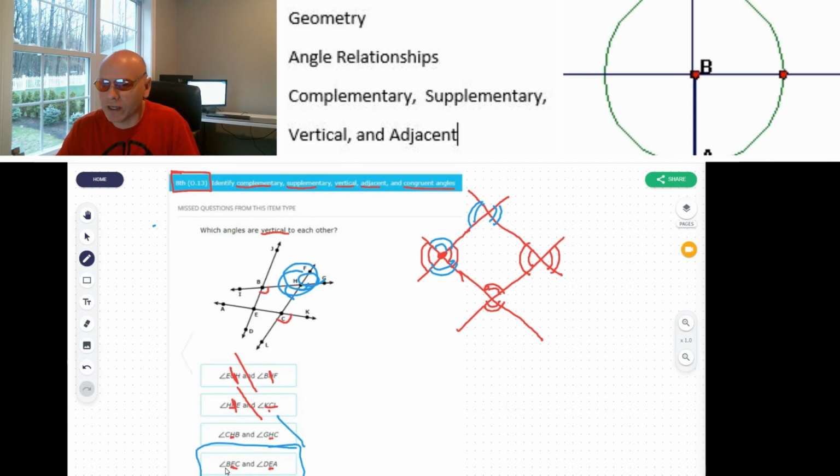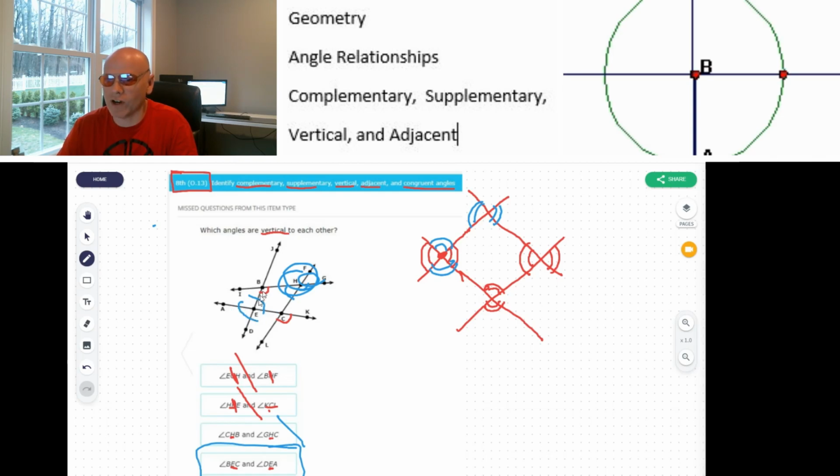We have BEC, which is where? BEC. And DEA. Oh yeah. That's definitely it. Right? You see the X is that X diagram.